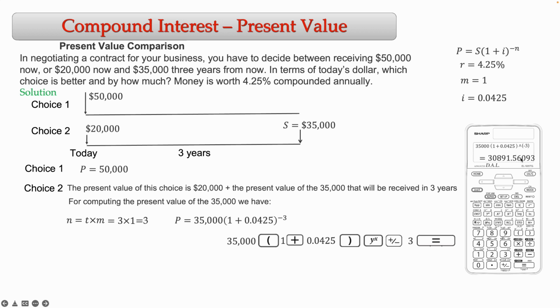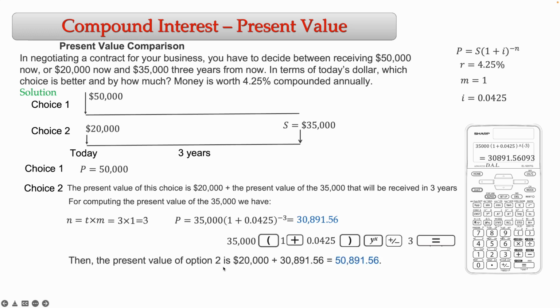Rounded to 2 decimals, it will be 56 here. So the present value will be 30,891.56. If you want to know the net present value, the present value of the whole amount of money that you are receiving, it will be this 20,000 plus the present value of this. So it will be 20,000 plus 30,891.56. Let's do it here.